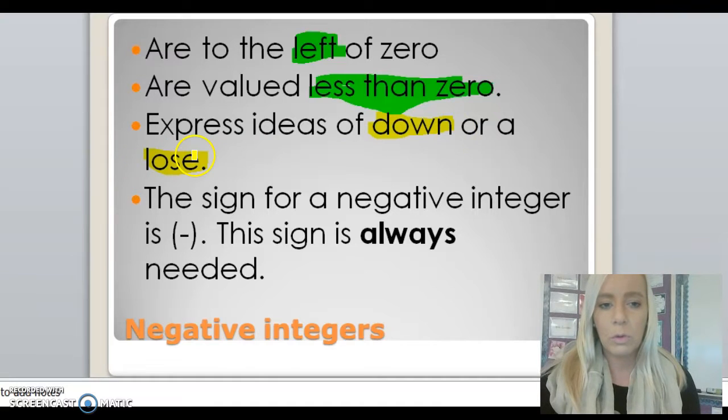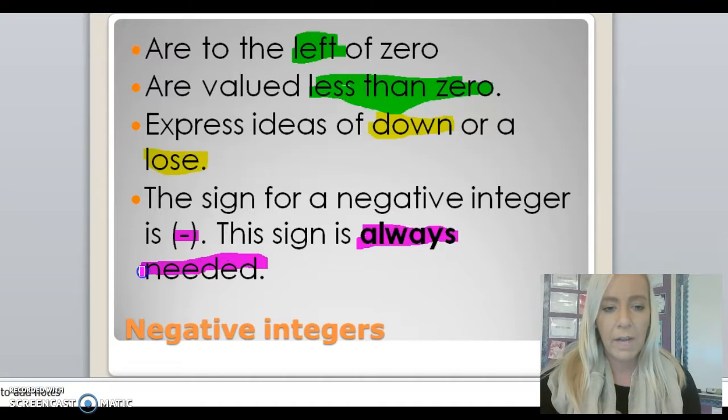Or say you lose some yards in a football game, it's a loss, therefore it's also represented as a negative integer. The sign for a negative integer is a minus sign. This sign is always needed. Again, if you don't have a negative sign there, it's just assumed that it's positive.